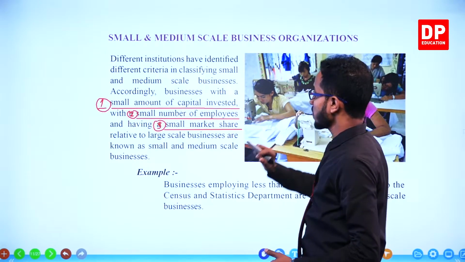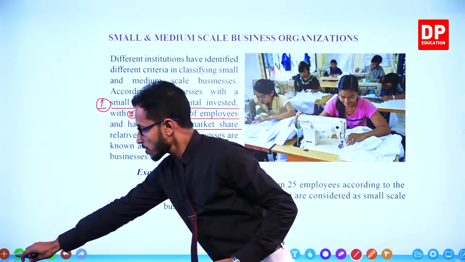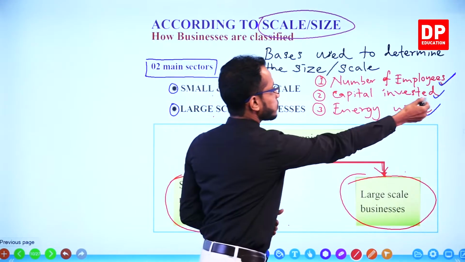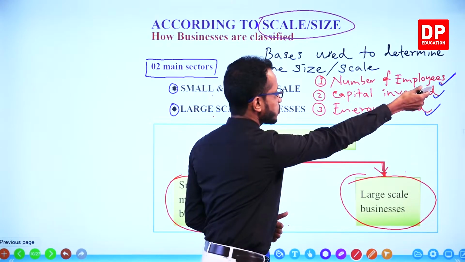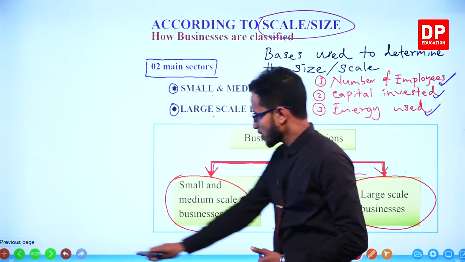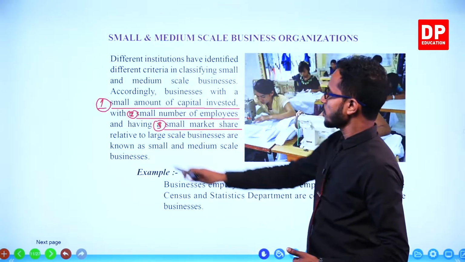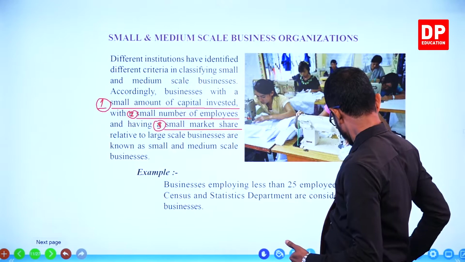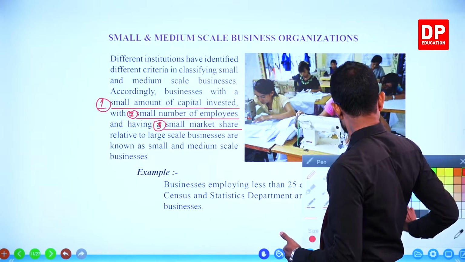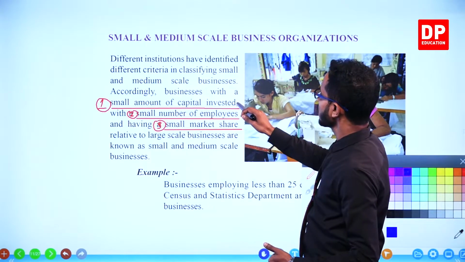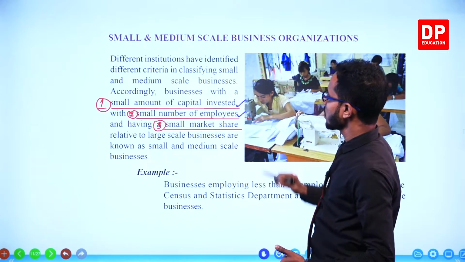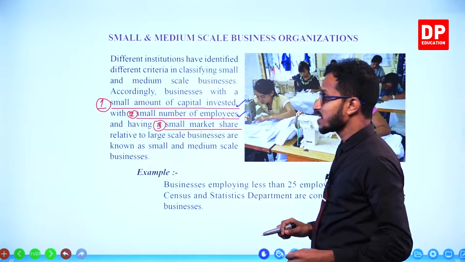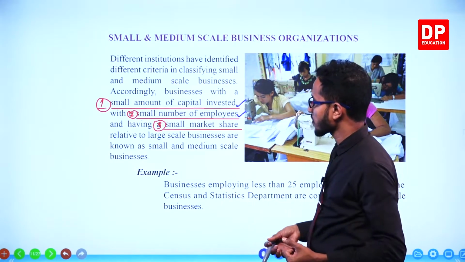Capital invested, that one we took. See, it's here. Capital invested. Then number of employees, small number of employees. And the third one that I gave you was the amount of energy used.